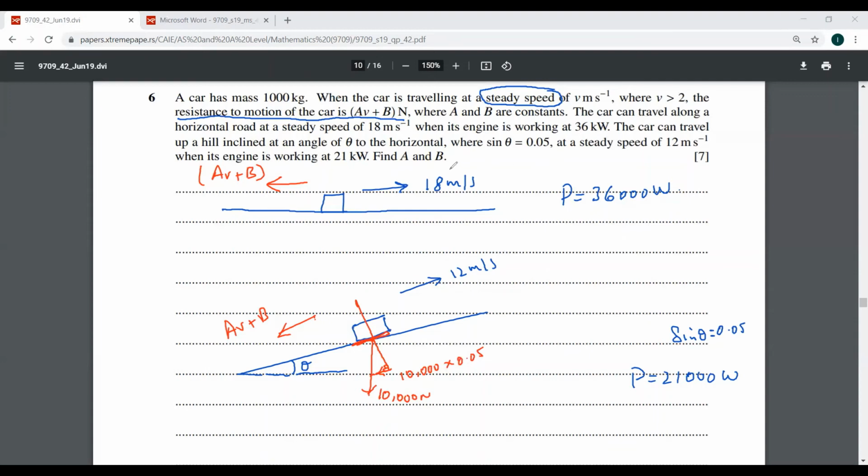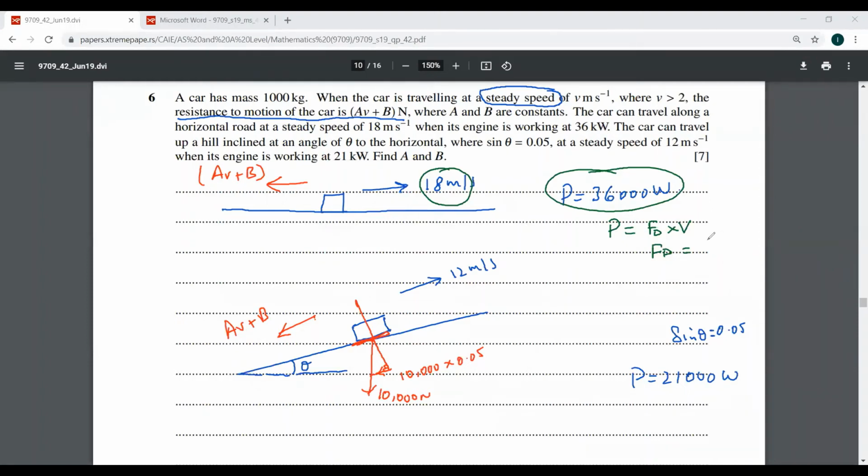When you have the speed and the power, you can always find the driving force. Power is the driving force times the speed, and this is going to give you the forward force while going on a straight horizontal road.